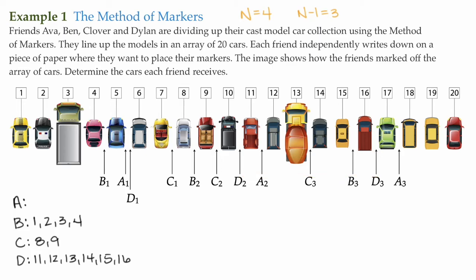And of course, the final player, Ava, to get a section, she's going to get her last section. So that's going to go from her third marker until the end of the array. So that's cars 18, 19, and 20.